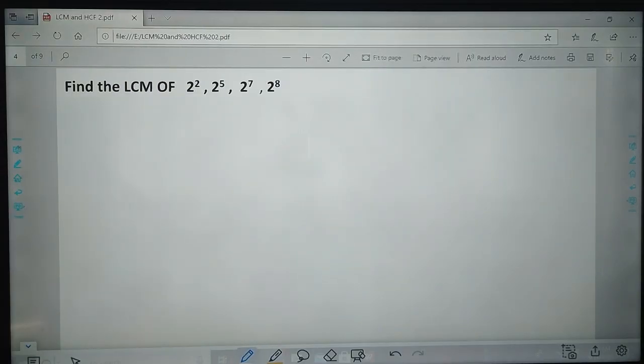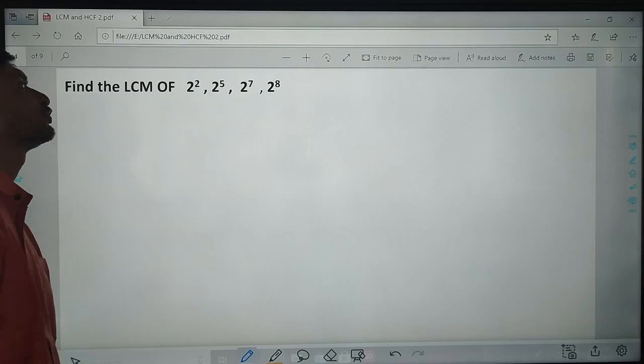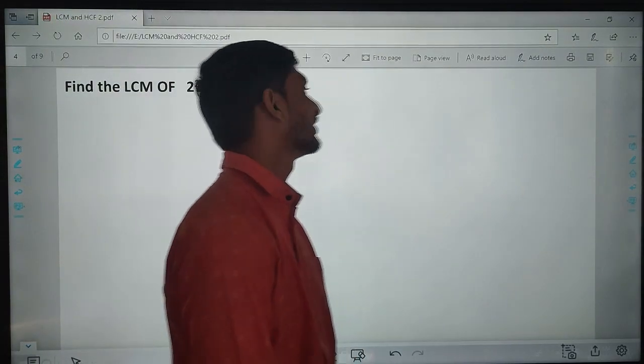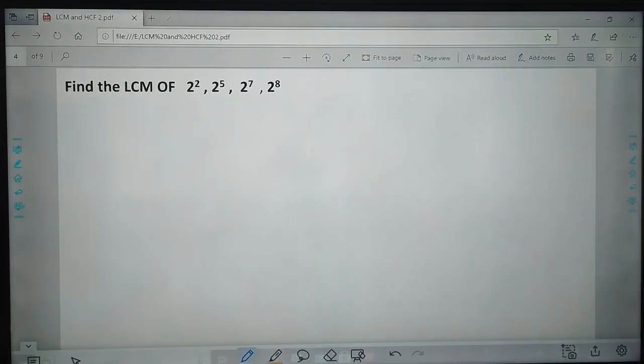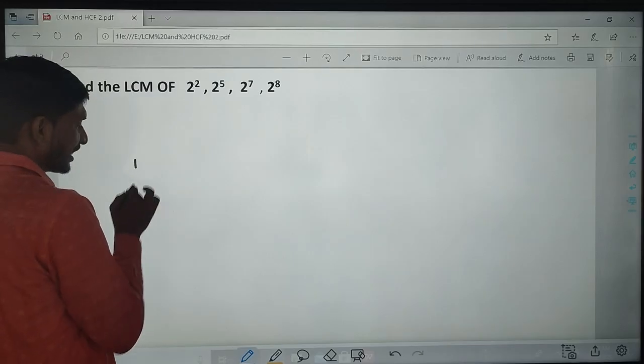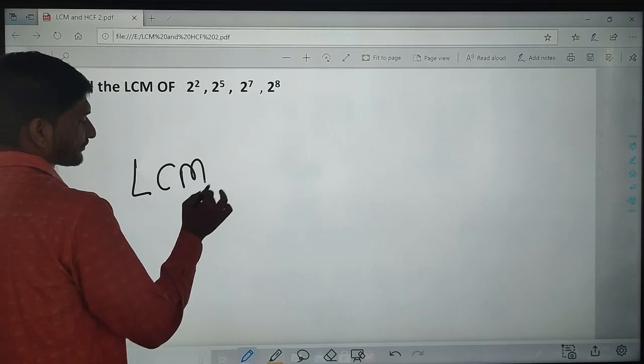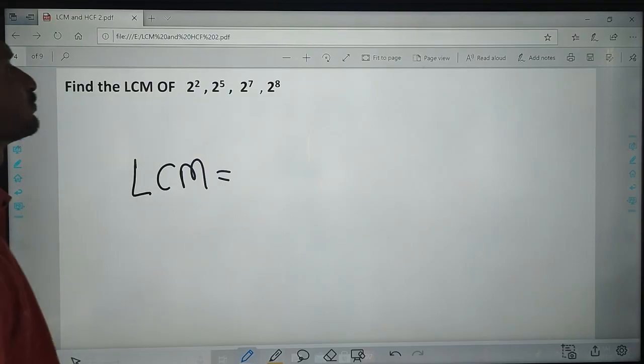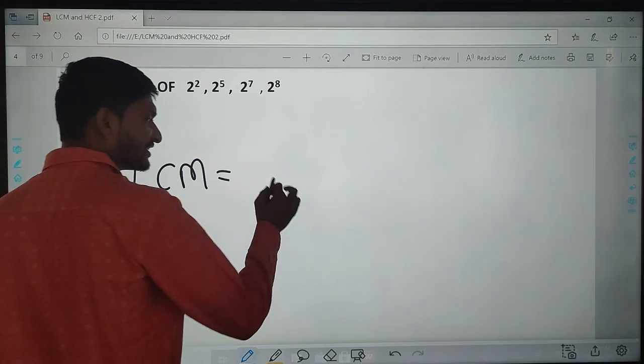Here, find the LCM of 2 raised to 2, 2 raised to 5, 2 raised to 7 and 2 raised to 8. The LCM of these 4 numbers: your base is 2.